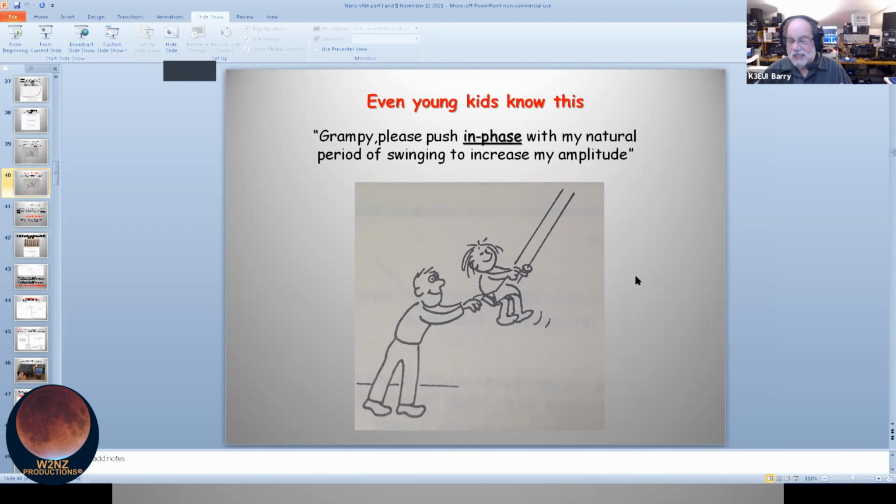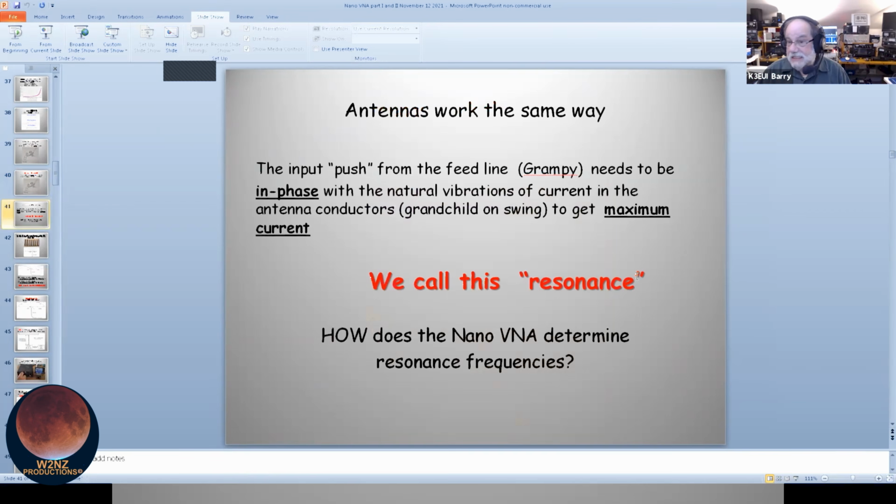Grampy has to push at just the right time. Why? Because then the amplitude of the kid will increase. Why? Because the energy is in phase between the feed line, Grampy, and the antenna current, grandchild. So that's the way antennas work. At least that's the way I like to visualize. The input push from the feed line, that's Grampy, should be in phase, timing, with the natural vibration of the current along the antenna conductor to get the maximum current.